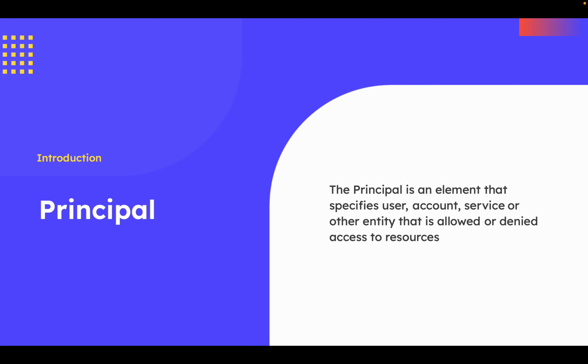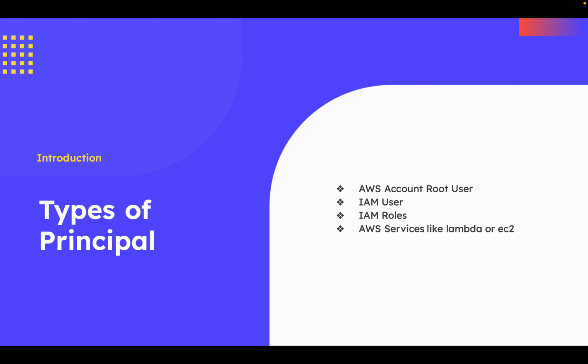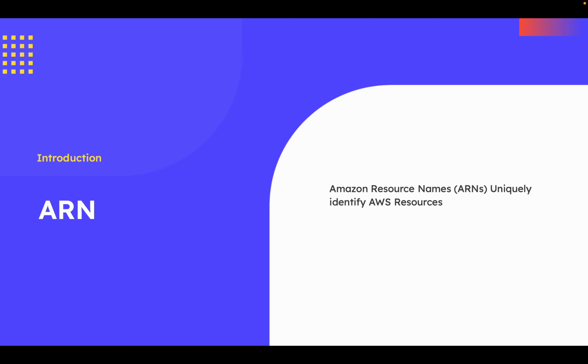Whenever we create rules or restrictions, we write "Principal:" in the JSON file, which refers to anybody who has allowed or denied permissions to that particular resource. There are four types of principals: AWS account root user, IAM users, IAM roles, and services like Lambda and EC2.